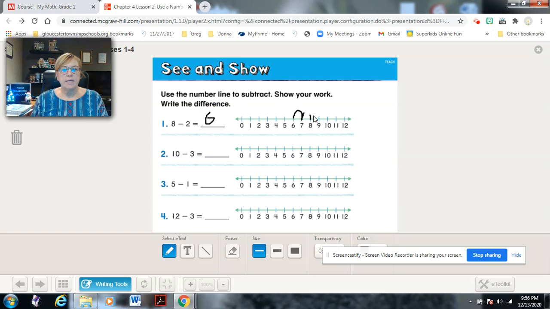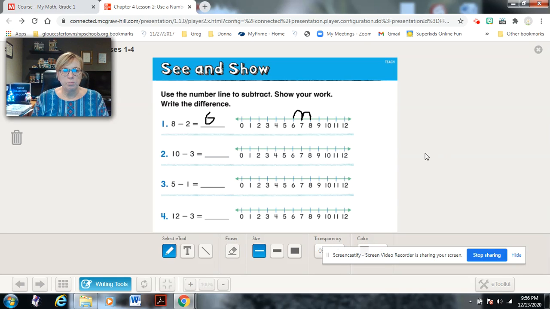Okay, now see how I showed the work here? That's what they're talking about doing for number 2, 3, and 4. Try number 2, where it's 10 minus 3. Remember where to start.